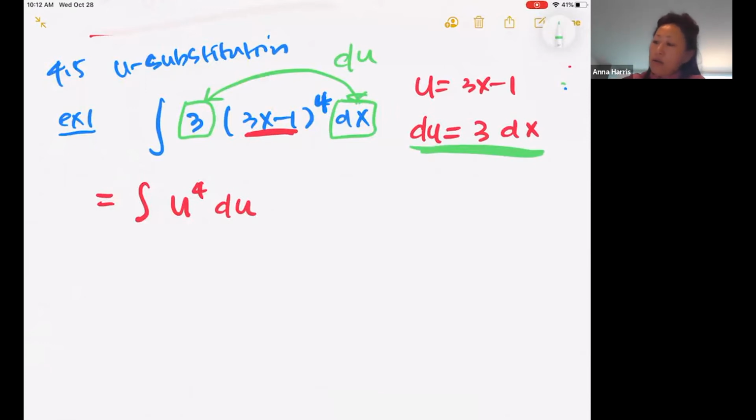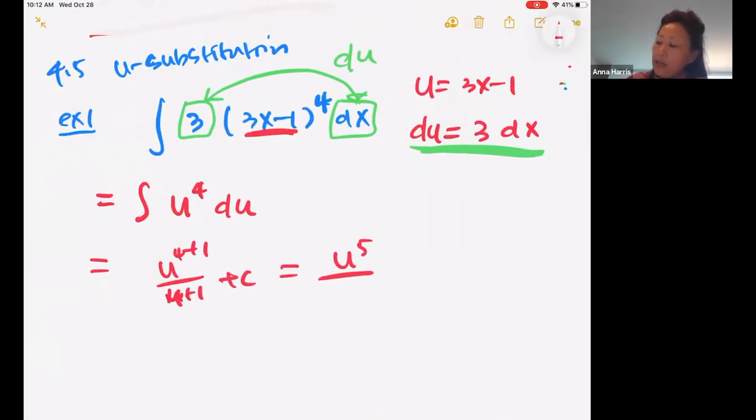Once your problem becomes a regular problem, you can simply do u to the 4 plus 1 divided by 4 plus 1, plus c, or u to the 5th divided by 5, plus c.